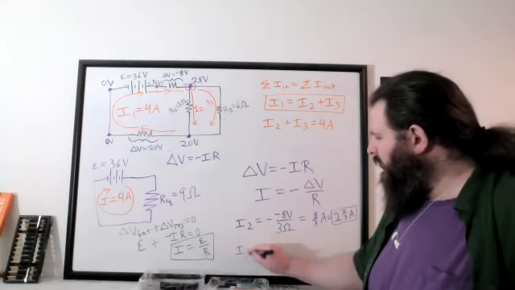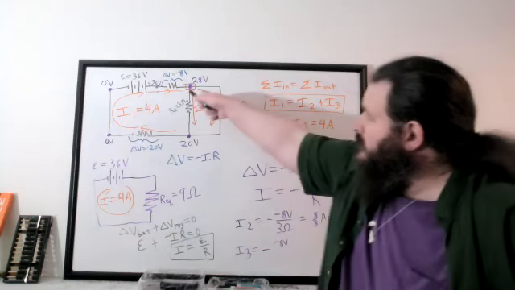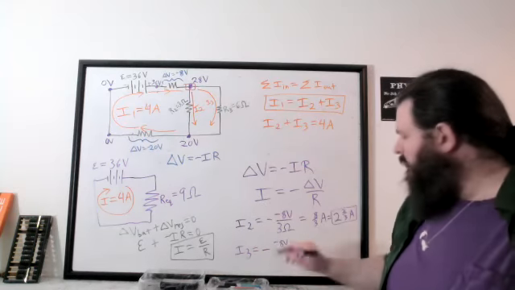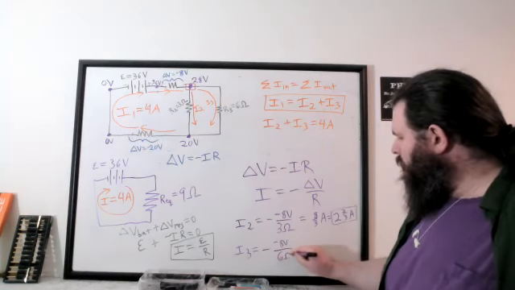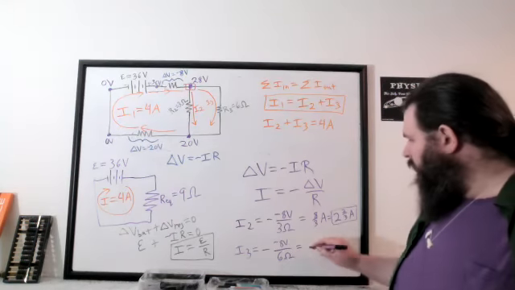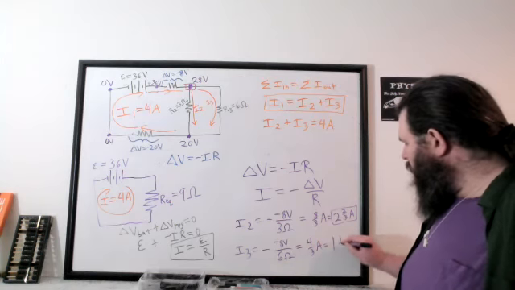For current 3, we got negative 8 volts. It's getting the same full 8 volts because it's the same starting point, same ending point, divided by 6 ohms. 8/6 reduces to 4/3, or 1 1/3 amps.